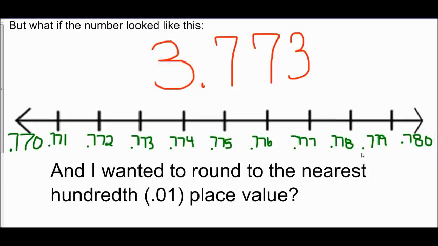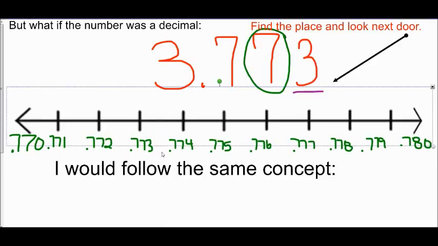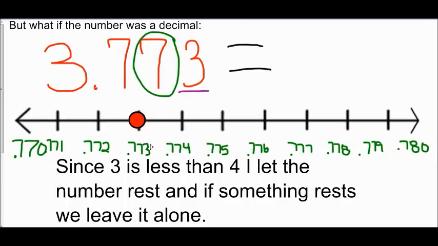But what if the number looked like this? I have 3 and 773 thousandths. I want to round the number to the nearest hundredths place. Same concept. My number line is the same as before. I find the place and look next door. Here's my actual number I want to round. This is the one next door. I underline it, following the same concept. I can see that this is where I would find it on my number line.